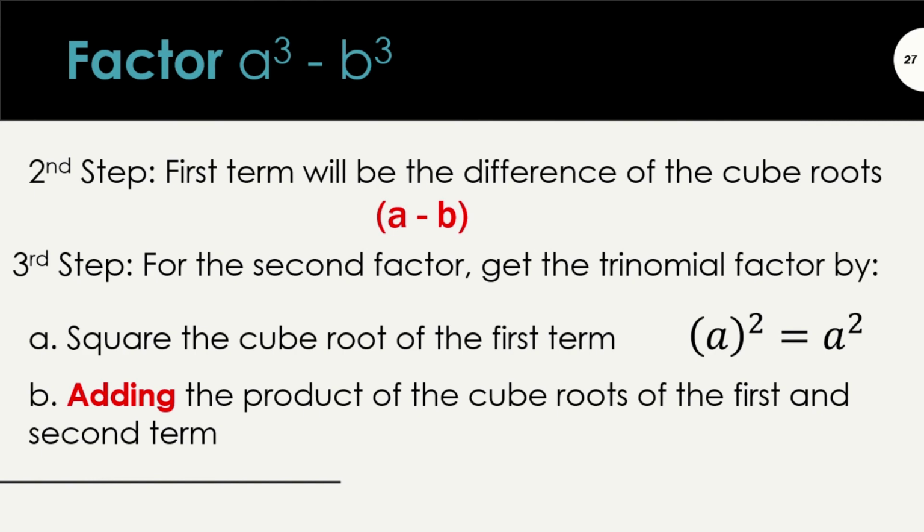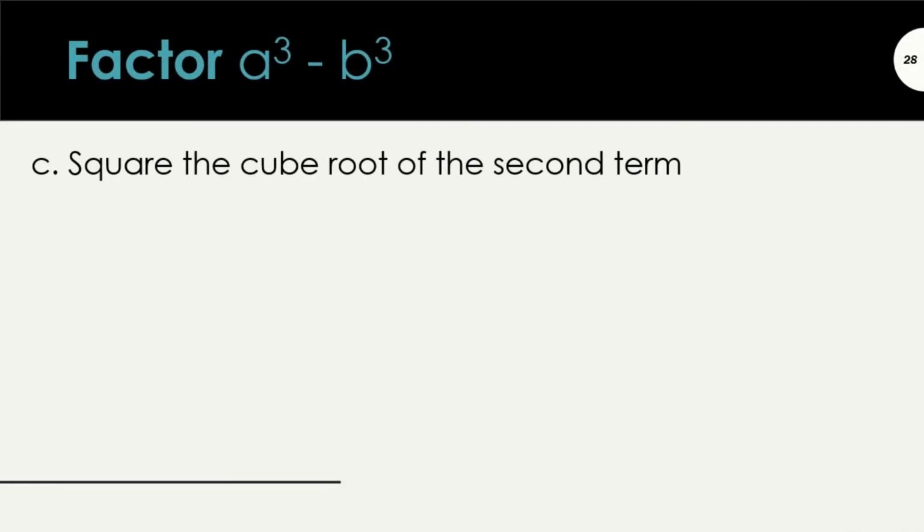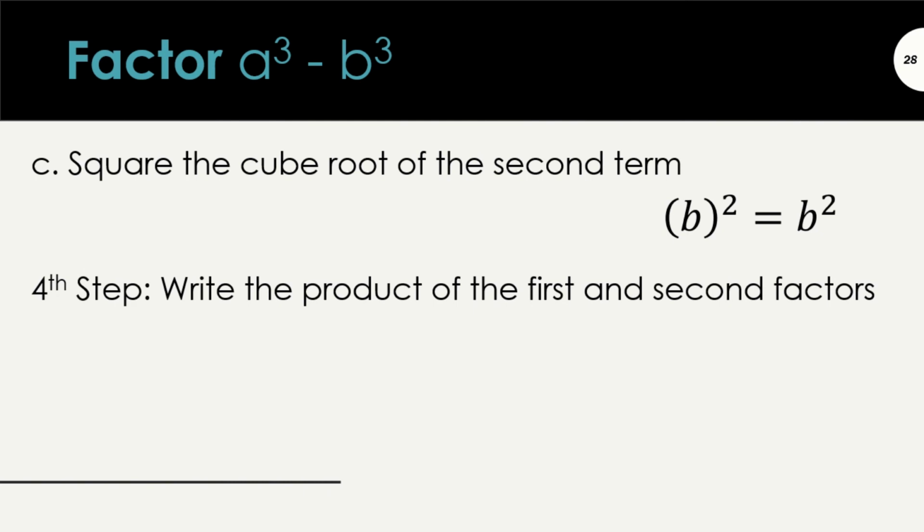So, pag product, we will multiply. Multiply natin yung a times b. So, dito magkakaroon tayo ng ab. So, adding, ibig sabihin, we will use addition. Then, square the cube root of the second term. So, b squared is equal to b squared.